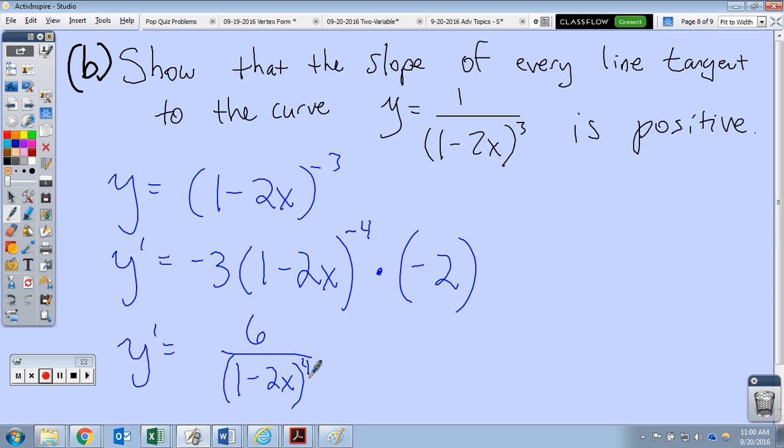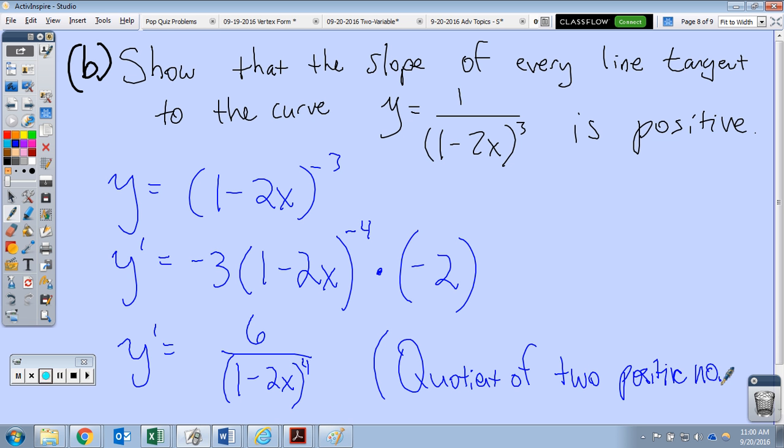So let's look at a few more problems. So the reason here is that it's the quotient of two positive numbers, and x cannot equal 1/2.